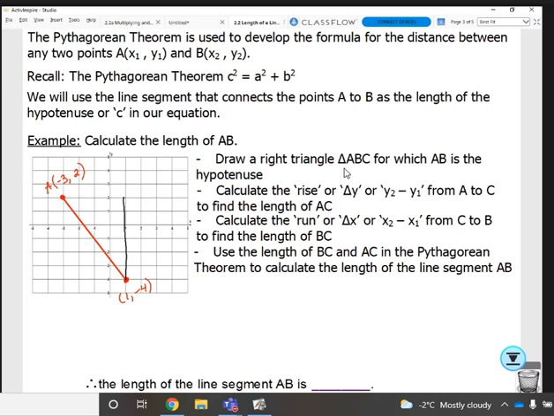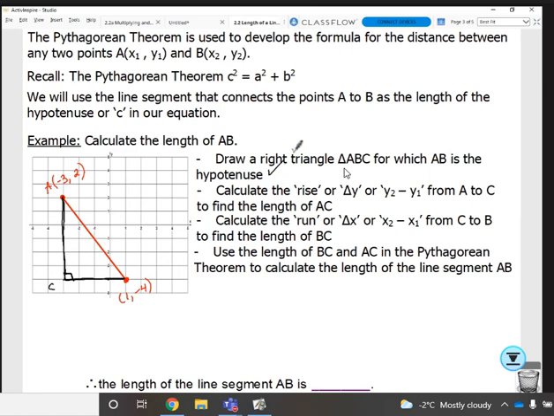So, I just want to see it this way. Here is the right triangle, and for whatever reason, we're going to call this point C. It doesn't really matter, but we do know that that's the 90. Yes? The right triangle is created by drawing vertical and horizontal lines. Okay? So, we got it.